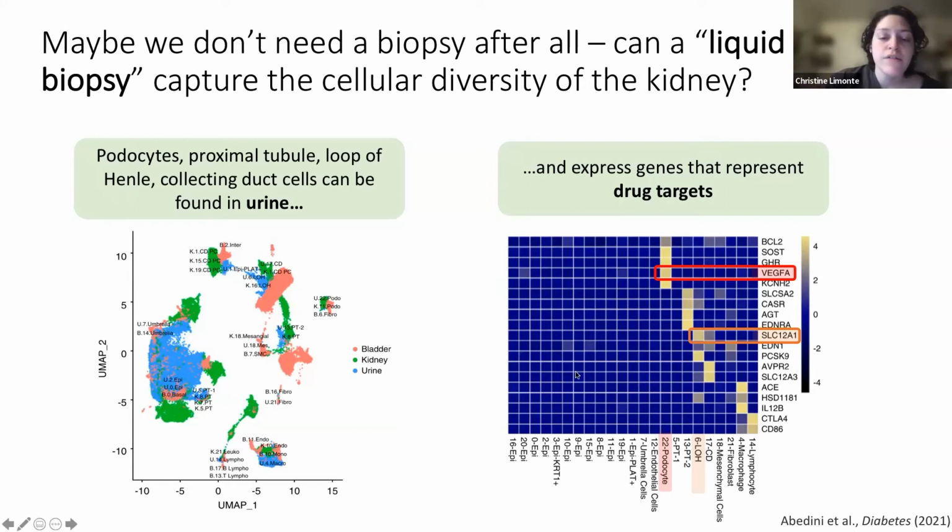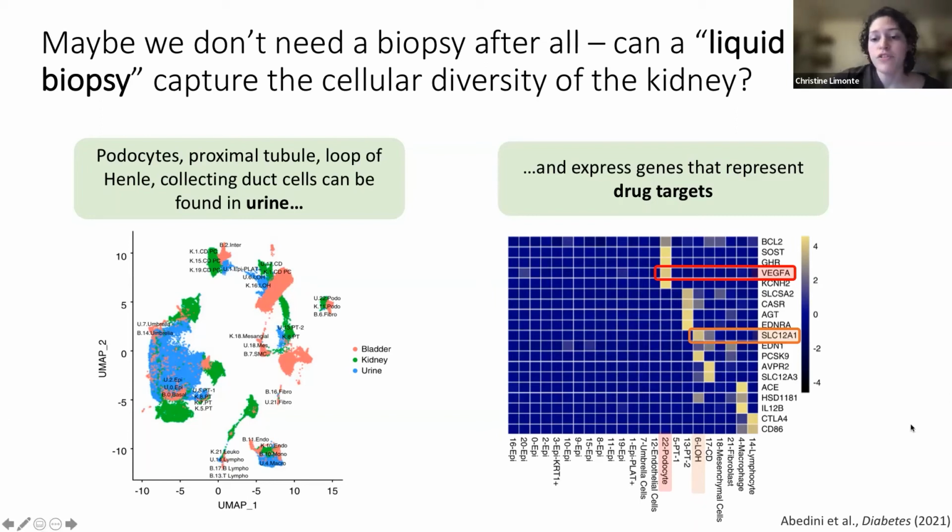And when you sequence these cells, you find that the cells in the urine express the same genes as those in the kidney. So you can potentially use them to identify drug targets or disease molecular subtypes. And here I'm showing that podocytes in red in the urine express VEGF strongly, and loop of Henle cells in the urine express the sodium potassium chloride transporter gene strongly as well.